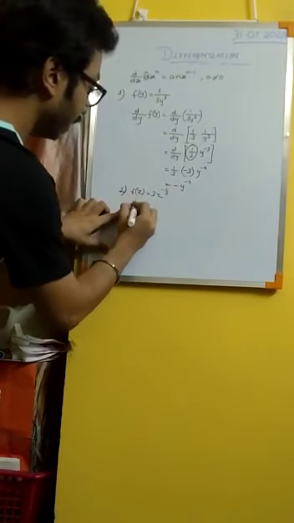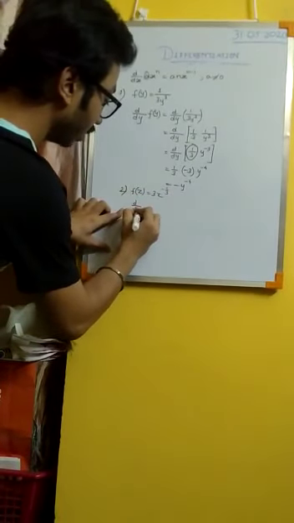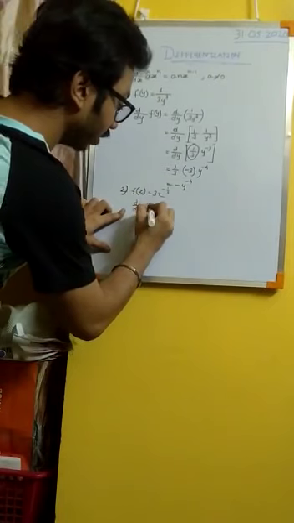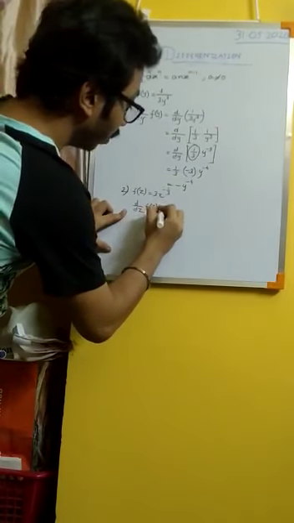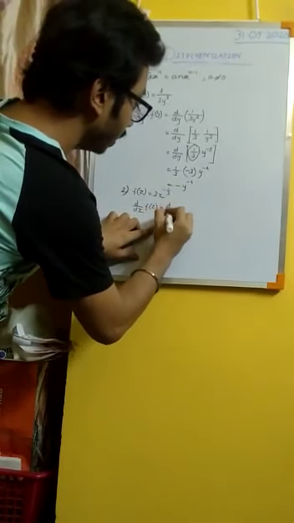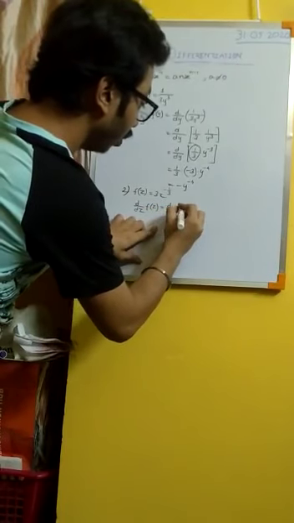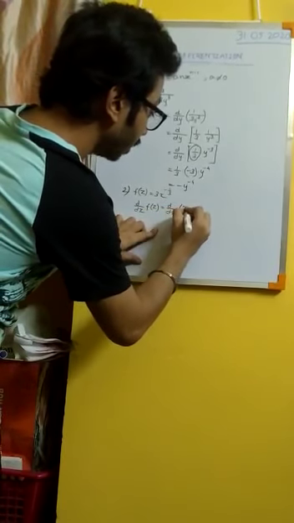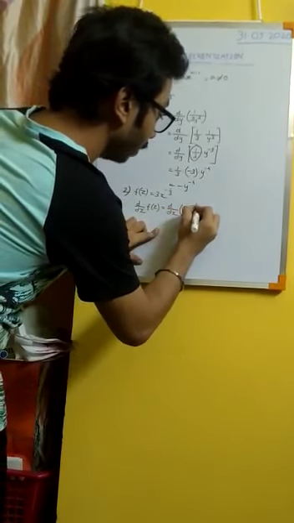So d/dz of f(z) equal to d/dz of 3z to the power minus 1 by 3.